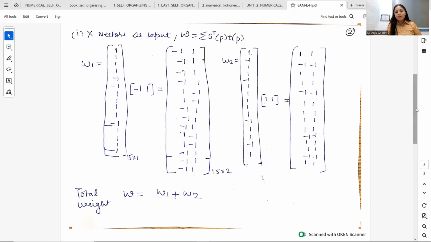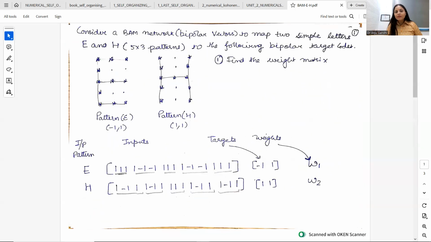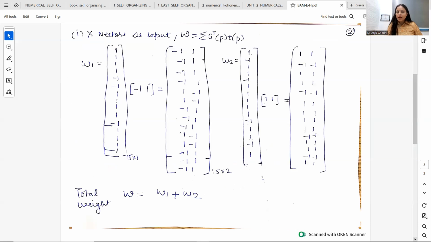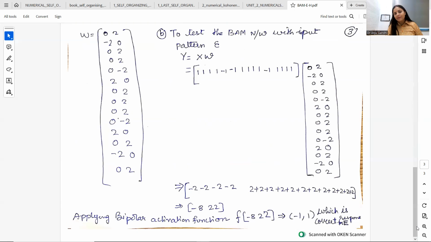After adding both, we get a total weight matrix W with entries 0, 2, 0, 2, -2, 0 and so on. This is how we computed the weight matrix for patterns E and H: first get the input vectors, remember this formula, perform it, and add the results to get the complete matrix W.